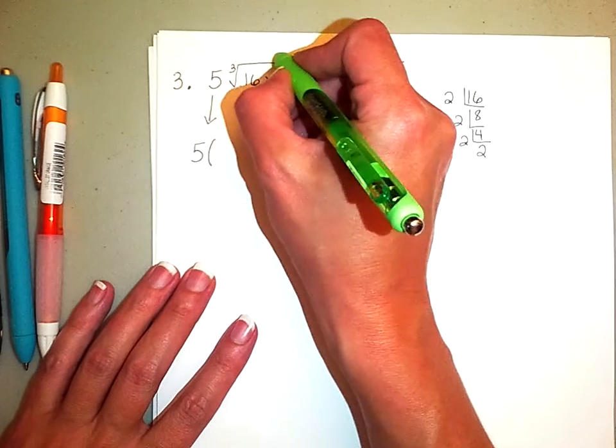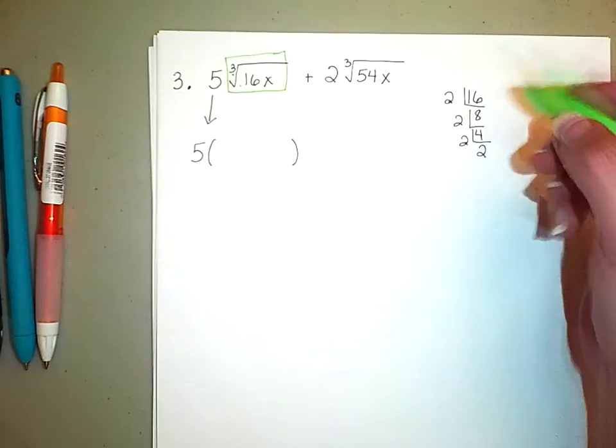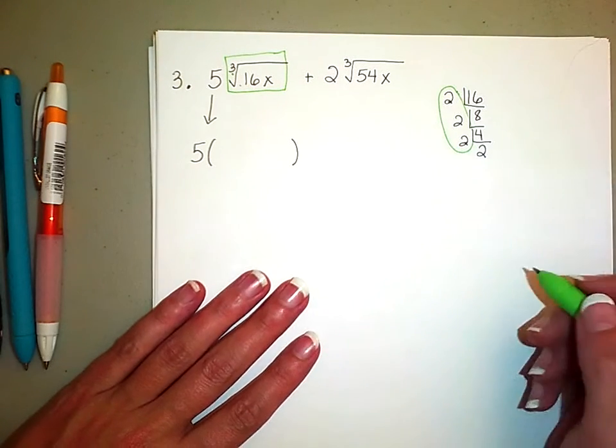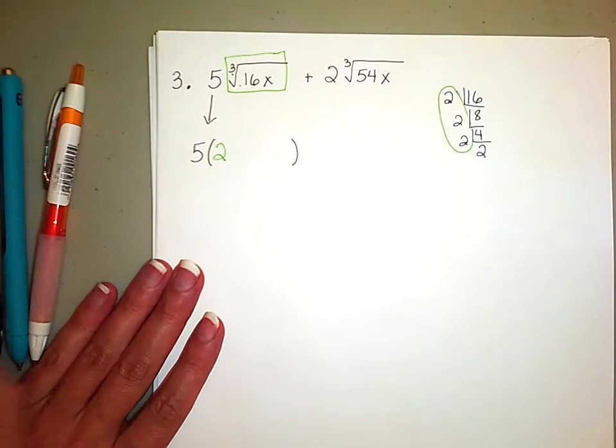I'm working with the cube root, so I'm going to look for a group of not 2 but 3, and there's one group of 3. So that 2 can come out.